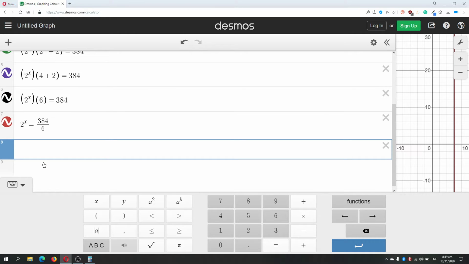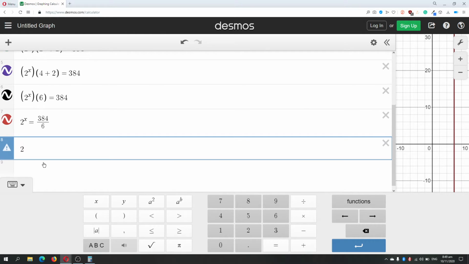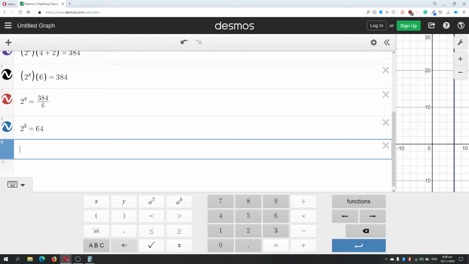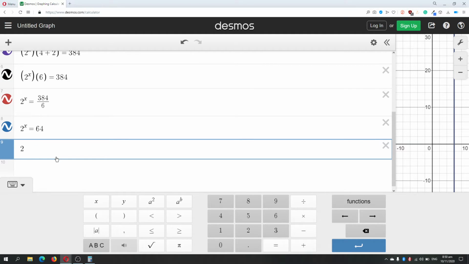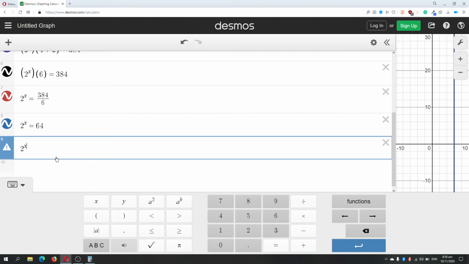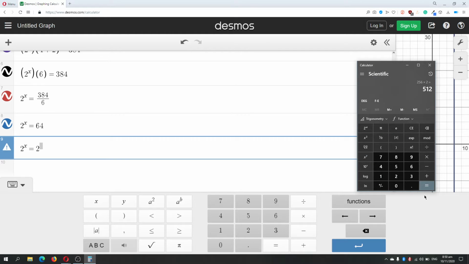So, that is 2 raised to x is equal to 64. Then, since di natin alam yan, i-express natin ito as base form. So, 2 raised to x is equal to 2 raised to anong number.